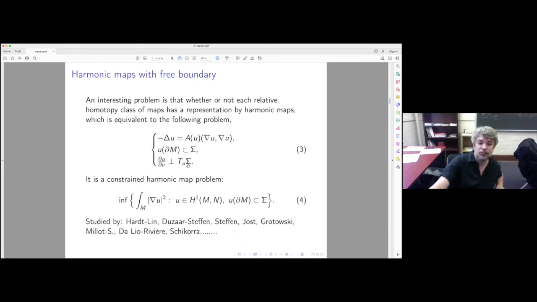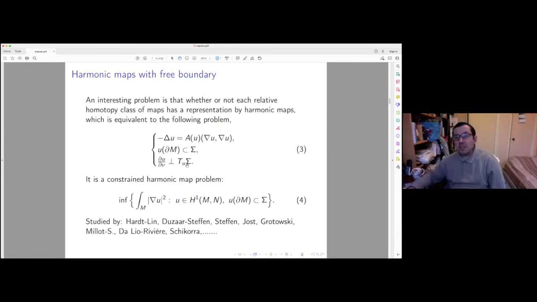Then the harmonic map problem that you get has the harmonic map equation inside, then the constraint, and the Neumann derivative has to be, this is a geometric condition, orthogonal to the tangent space of Sigma at the point u of x, on the boundary of M.